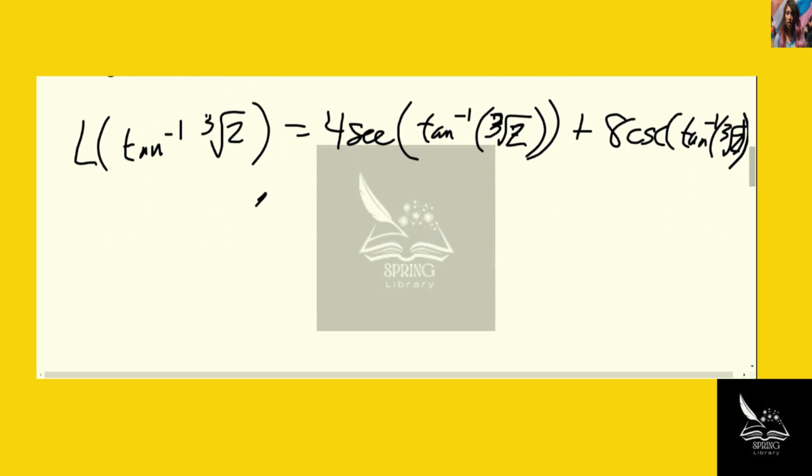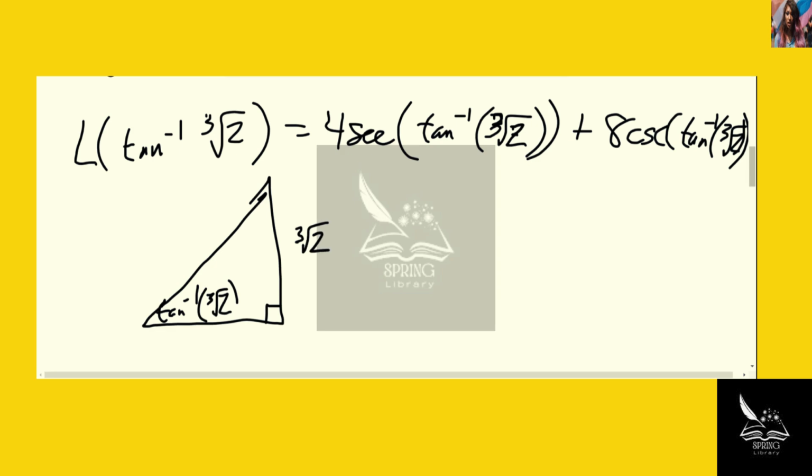So we have a triangle here with angle inverse tangent of cube root of 2. So we have opposite side cube root of 2 and adjacent side 1. So our hypotenuse is the square root of 1 plus 2 to the 2/3. And so the secant, this is 4 times 1 over the cosine.